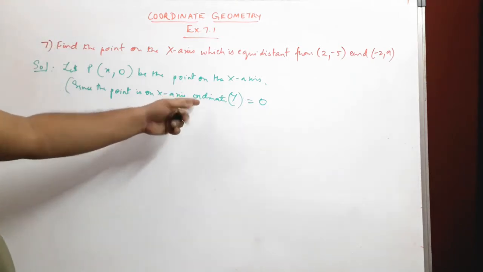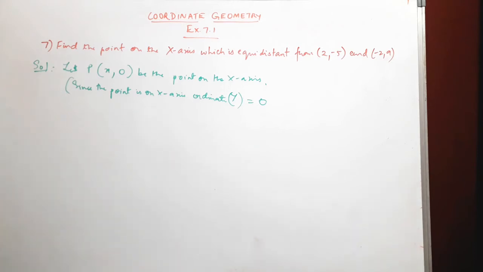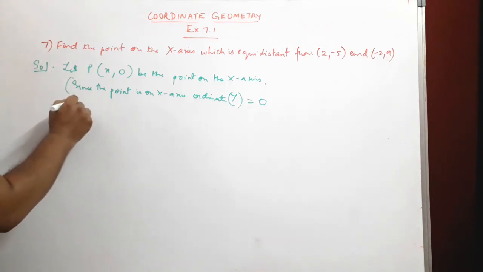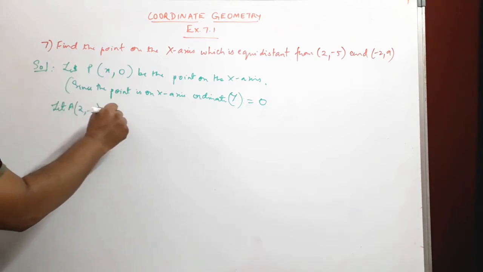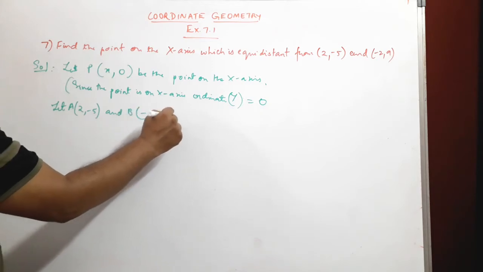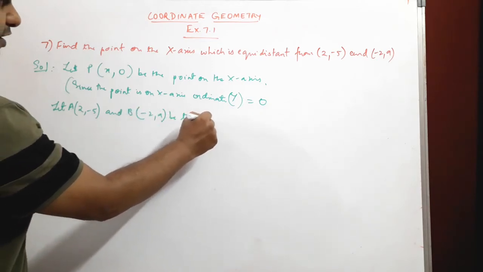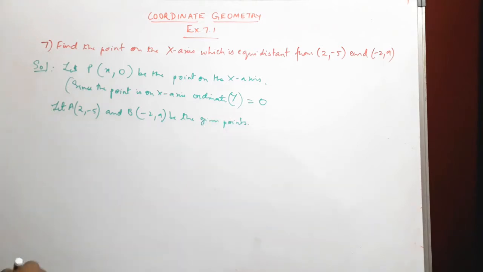Remember, for y-axis we call it ordinate, for x-axis we call it abscissa. Let A(2, -5) and B(-2, 9) be the given points.